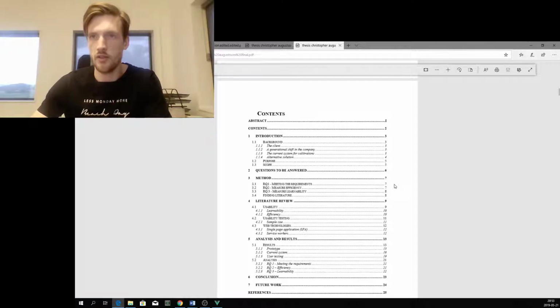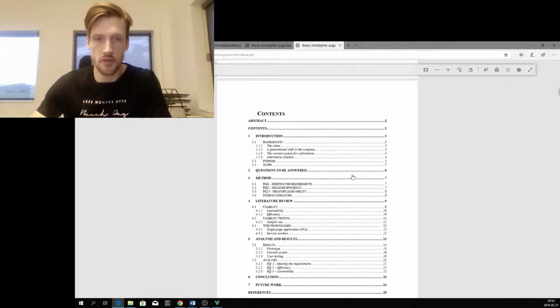Here you can see the structure of the thesis, starting off with the introduction, which has a background where you can find information about the client, the problem that the client has, also the purpose, and you can find the scope.